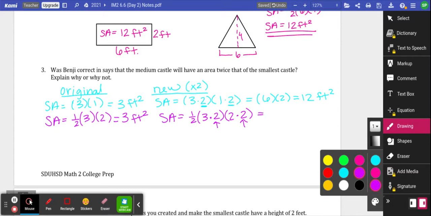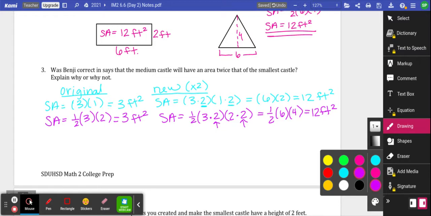This comes out to 1/2 times 6 times 4, which gives us 1/2 times 6 is 3, and 3 times 4 gives us 12 feet squared. So we're not just multiplying by one 2, we're multiplying by two 2's, because we are multiplying the length and the width, or the base and the height, by 2. Okay?